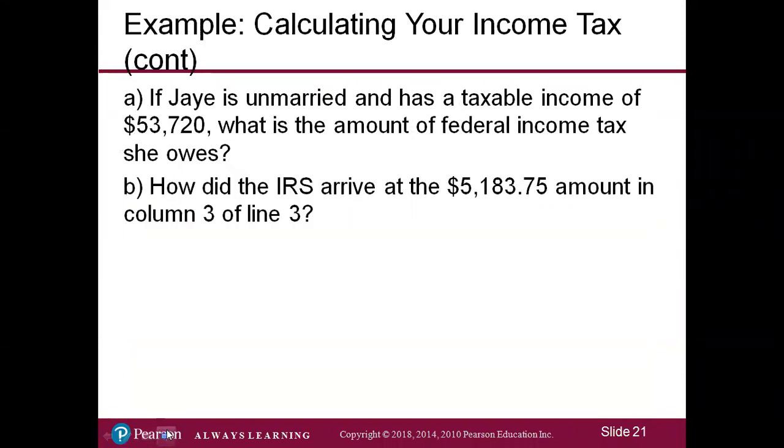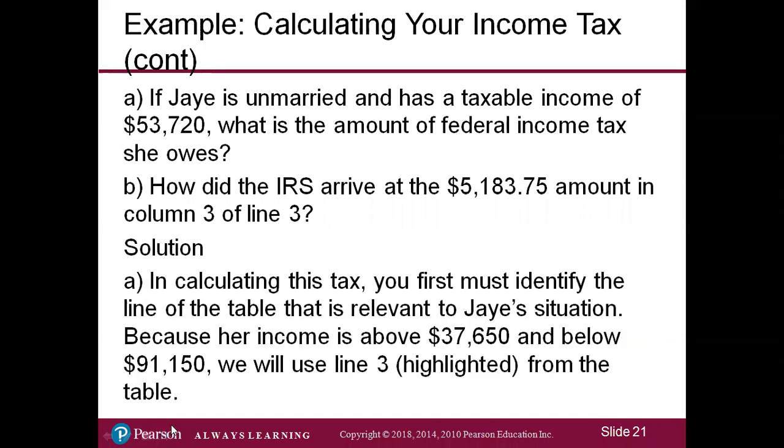If Jay is unmarried and has a taxable income of $53,720, what is the amount of federal income tax she owes? How did the IRS arrive at the $5,183.75 amount in column 3 of line 3?